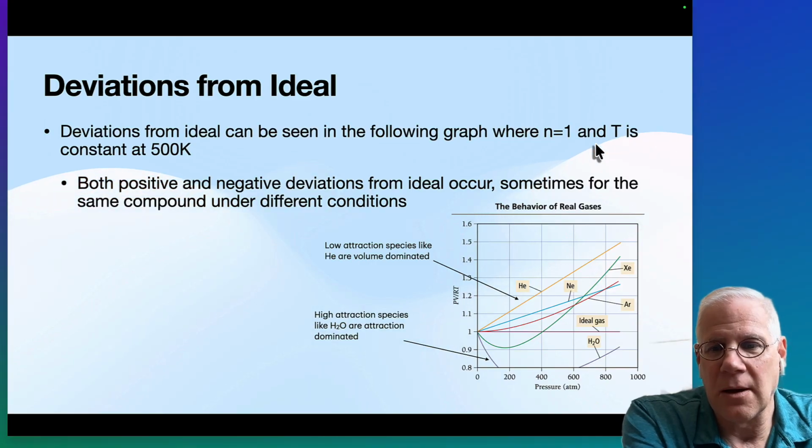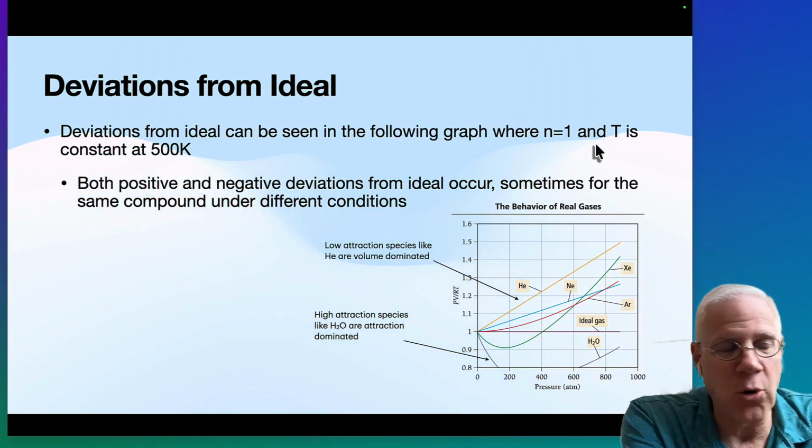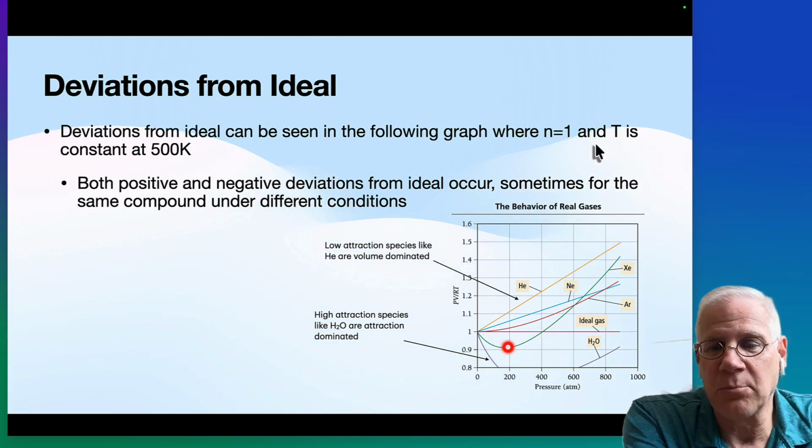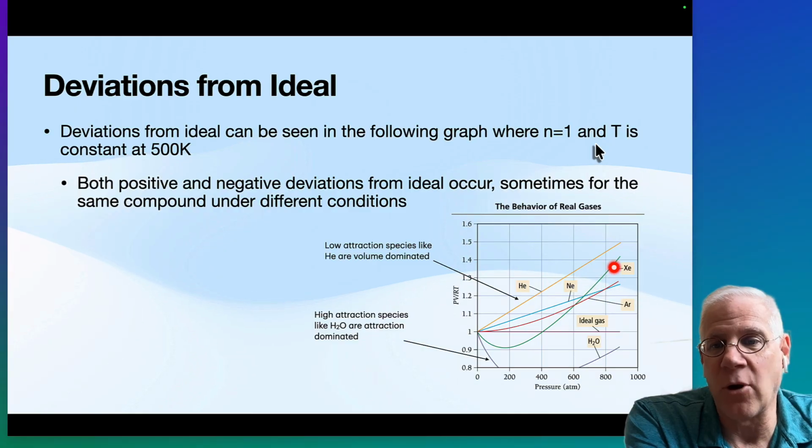And so if we go back to our xenon example under high pressures, but not super high pressures, it's attraction dominated because of the London forces. But then as you squeeze it more and more, it is a fairly large molecule, and the volume begins to become a bigger issue here as well.